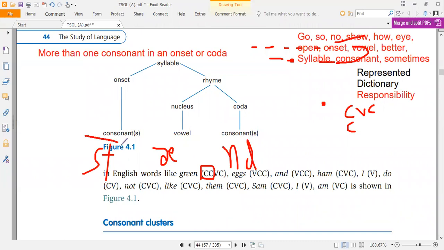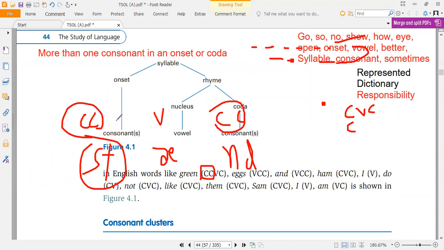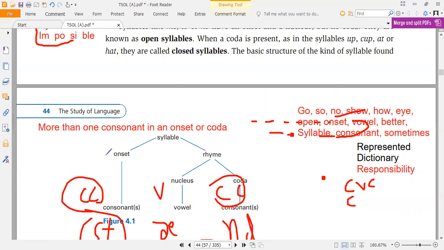We have got two consonants here, so it is CC, here we have the vowel sound V, and here two consonants n and d. So one consonant cluster here, another consonant cluster here, CCVCC. So a consonant cluster means more than one consonant in an onset or in a coda.